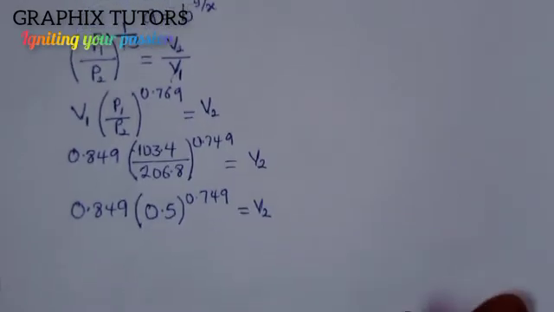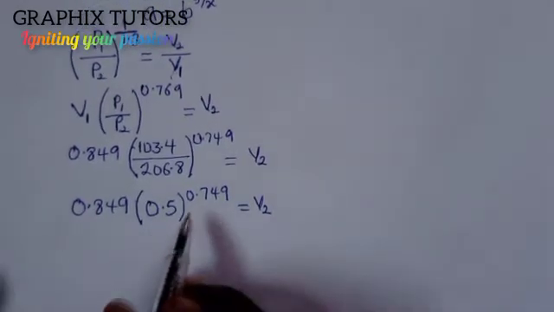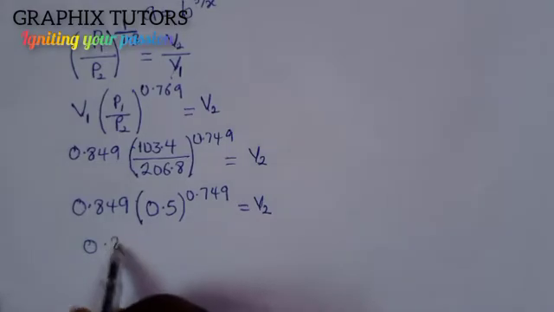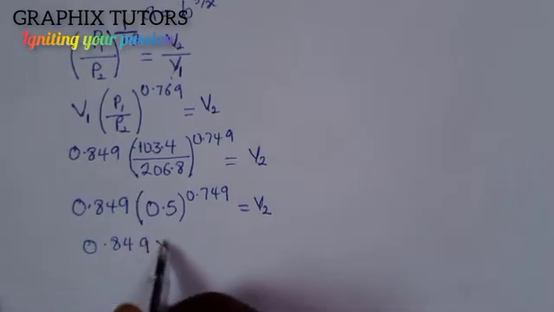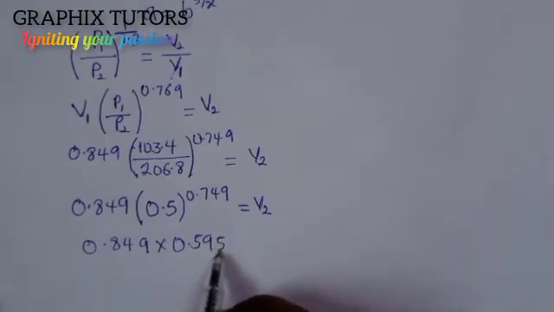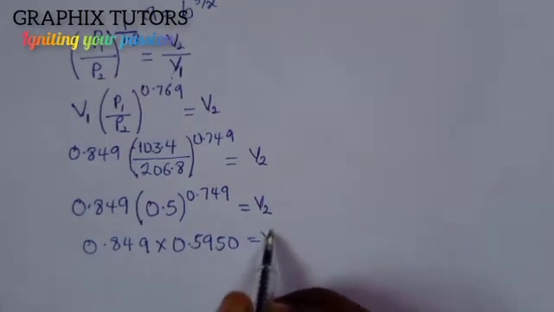So from what we have here, 0.5 to the power of 0.769 gives us 0.5950. So we're having 0.849 multiplied by 0.5950 equals V2.